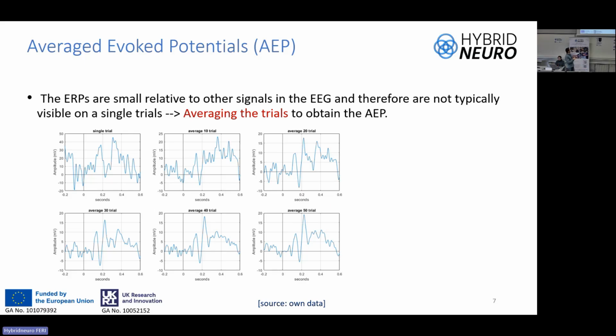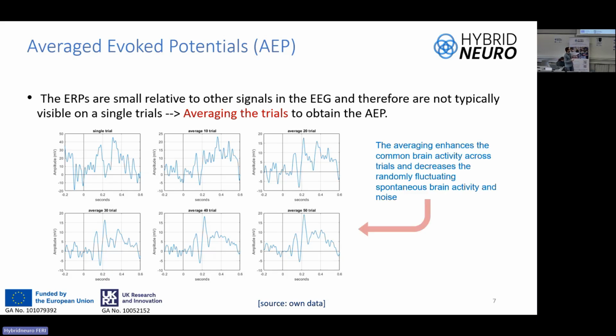In this case, we have a representation of one single trial, the average of 10 trials, 20 trials, 30, 40, and 50 trials. We can see that as we increase the number of trials we are averaging, the signal looks like the final one. So one of the open questions is how many trials are needed in order to obtain a reliable event-related potential.